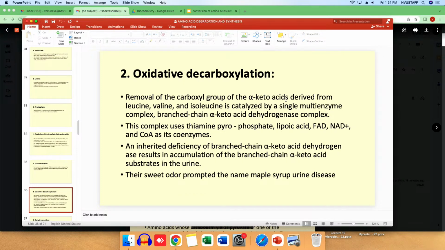And right now, again, we are talking about newborn patients who have branched-chain amino acid degradation problems. Why is it a problem? You can see one step here. Accumulation of alpha keto acids.